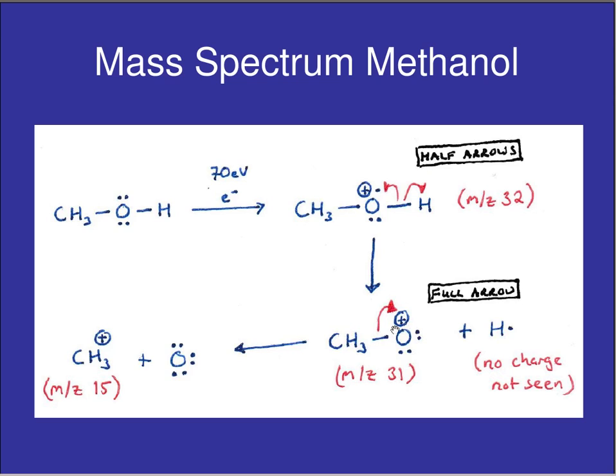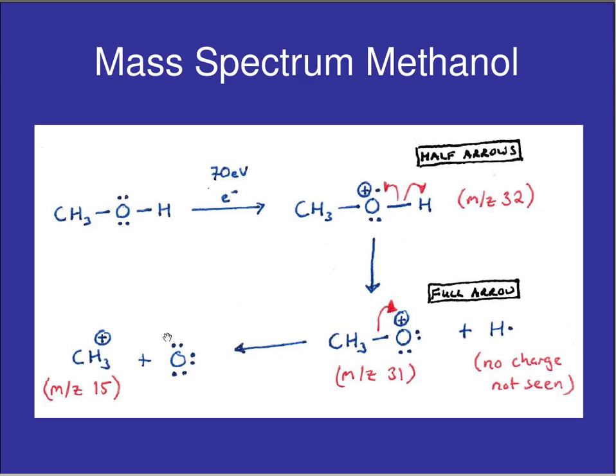So there will be movement of charge, so that one fragment ends up with a different charge. Both of those electrons move to that side, leaving the left hand side positive, and so the mass of the methyl cation is 15, its charge is 1, 15 over 1 is 15, and so we'll see a mass to charge ratio in the mass spectrum of 15.